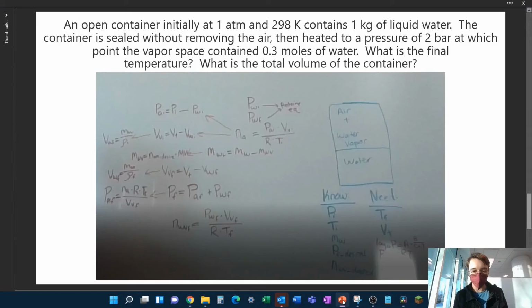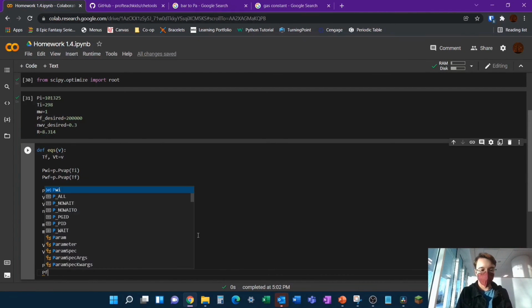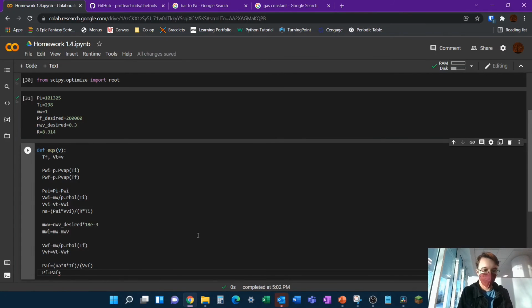Then the final pressure is equal to the pressure of the air final plus the pressure of the water final.